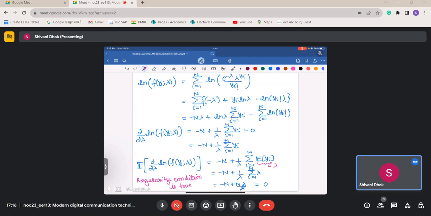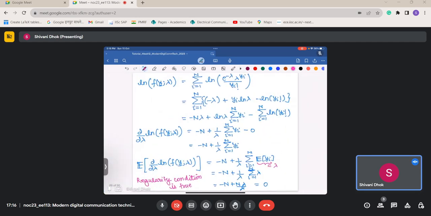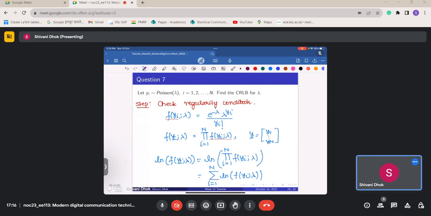So now if my regularity condition is true, I can go ahead. Once we know this, we can find the Fisher information matrix, that is I of lambda.